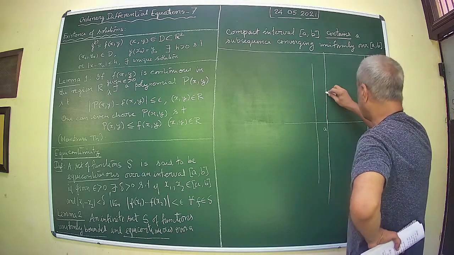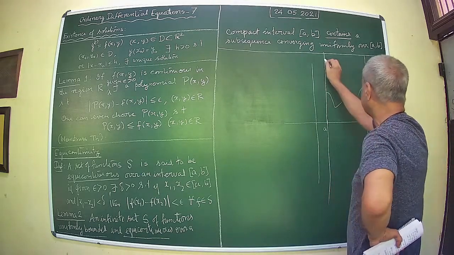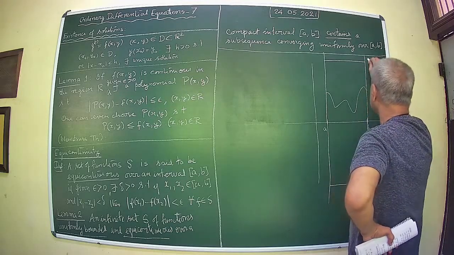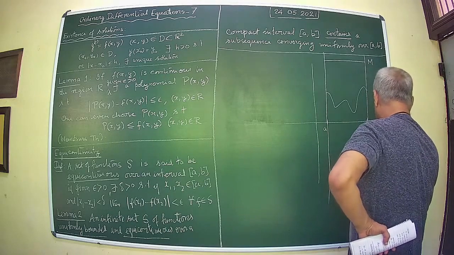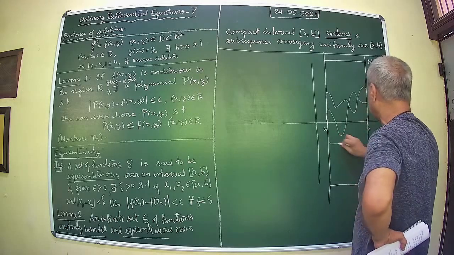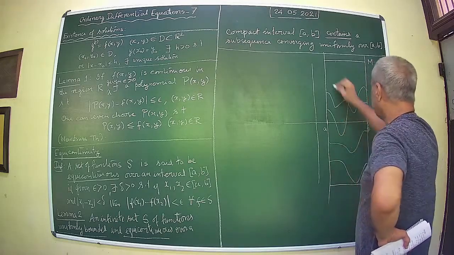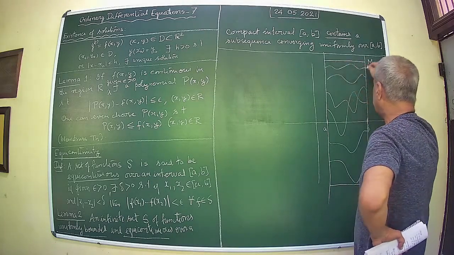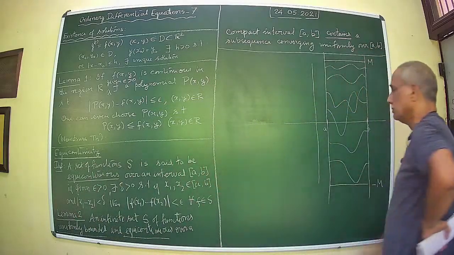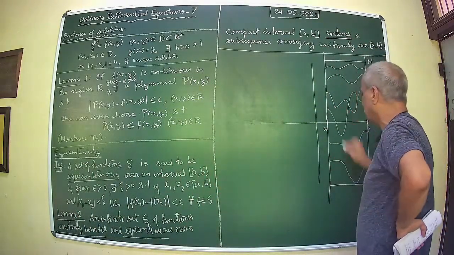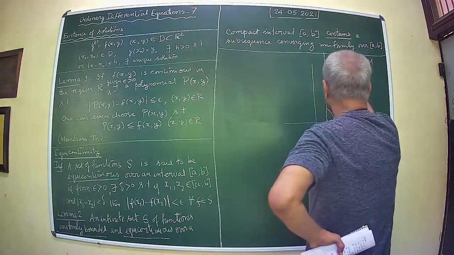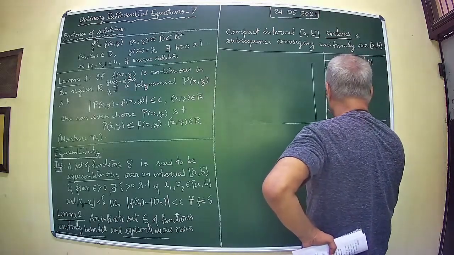So suppose this is a function, then the statement that it is uniformly bounded means there exists an M, with minus M and M, such that the graphs of all these functions are going to lie in this. Now the additional condition that you have is that it is equicontinuous. I will come to that. Before that, let us try to look at the possible set of points that it fixes on a vertical line.